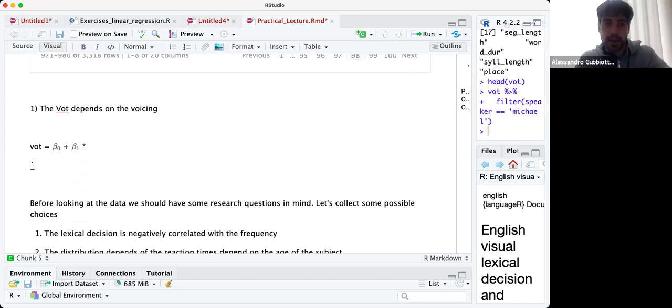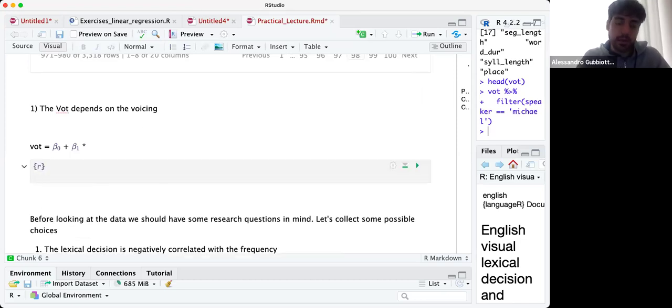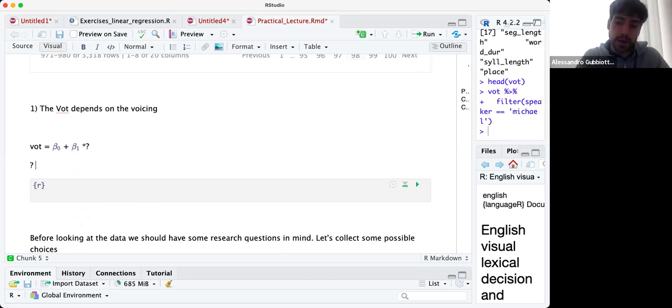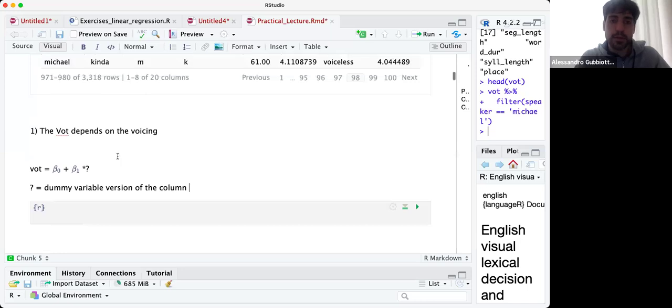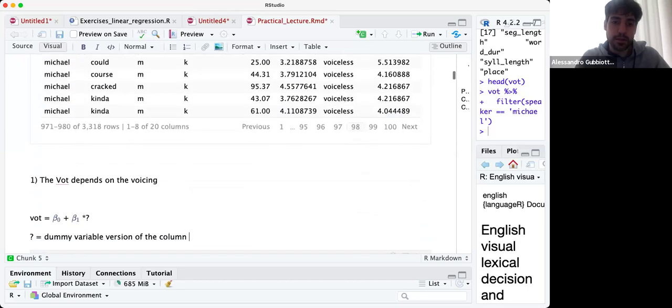The intuition tells us that one possible way is to define a dummy variable. Here we put a question mark, and the question mark is equal to a dummy version of the column of the variable voicing.